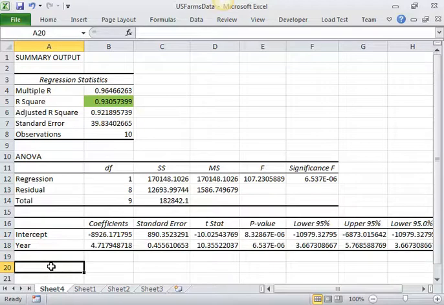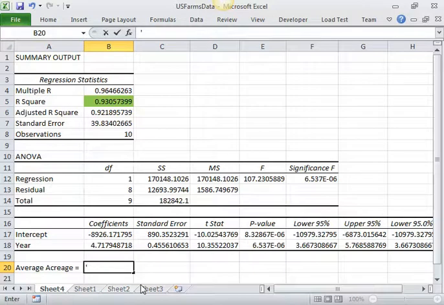Now, my dependent variable, as I said, was average acreage. So average acreage is equal to, and what would my equation be? I basically go with these coefficients times the variable.